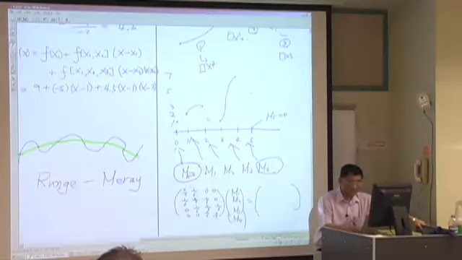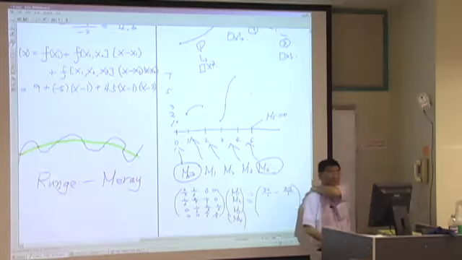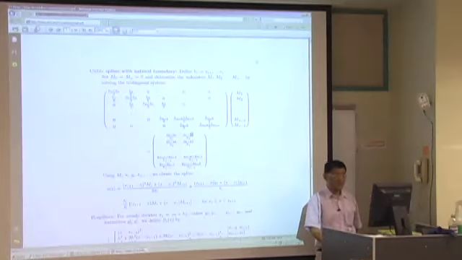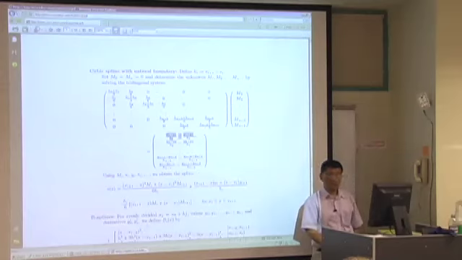So I'm just copying these things. 3 minus 2 over 1 minus 2 minus 1 over 1. So I just copied this part, right? I copied this part. And then please find the second one. y3 minus y2, y2 minus y1.